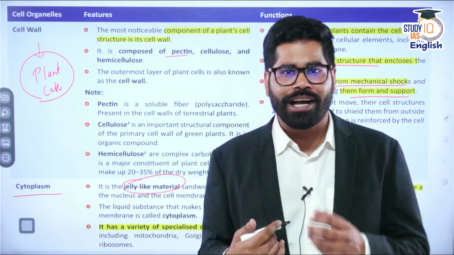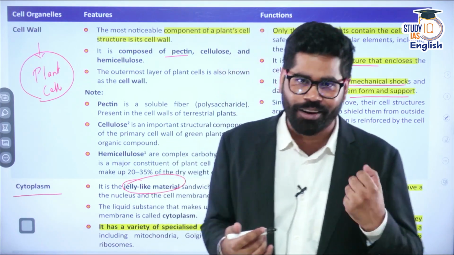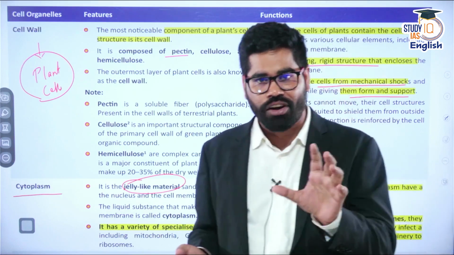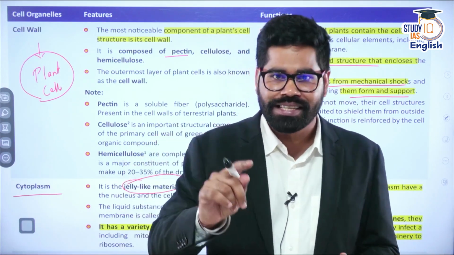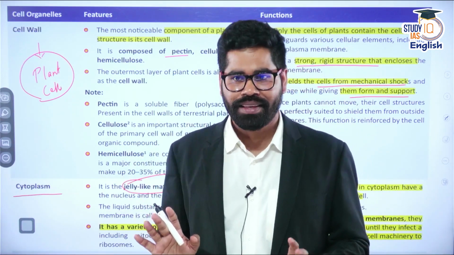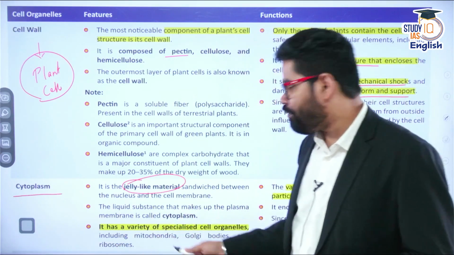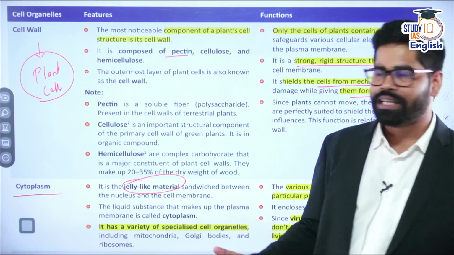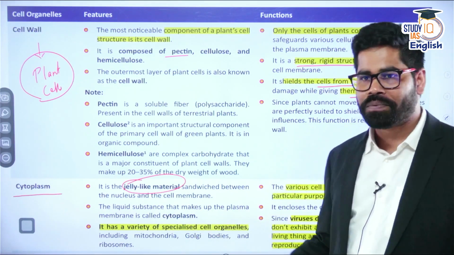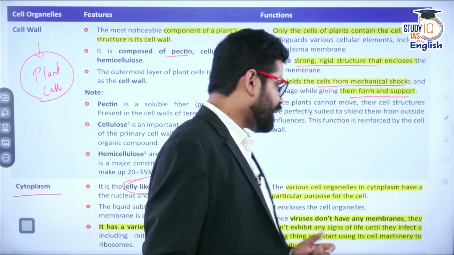Now this cytoplasm consists of various cell organelles. We will discuss them as well. They have organelles like mitochondria, Golgi bodies, ribosomes. They are all present in the cytoplasm. What is their role?